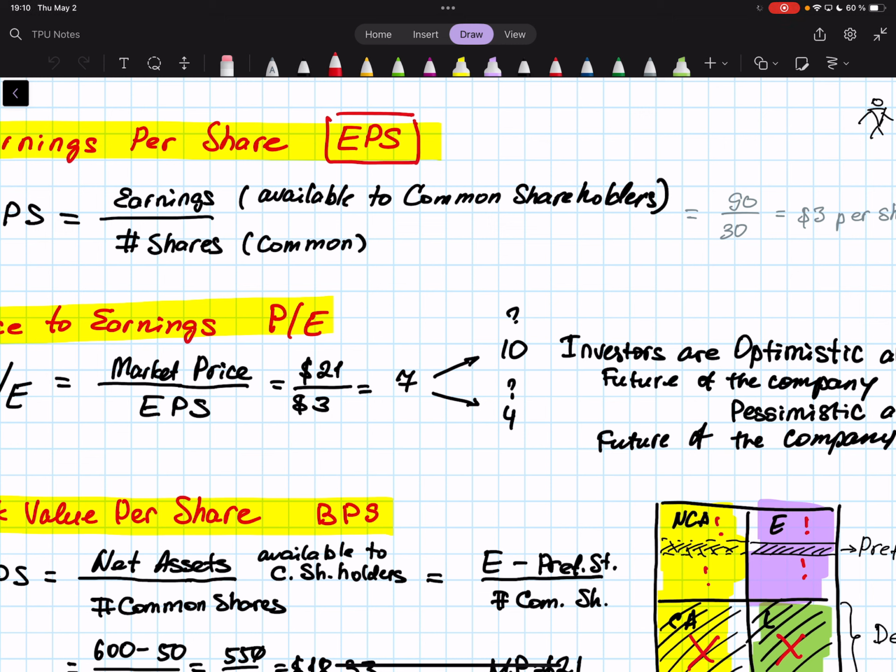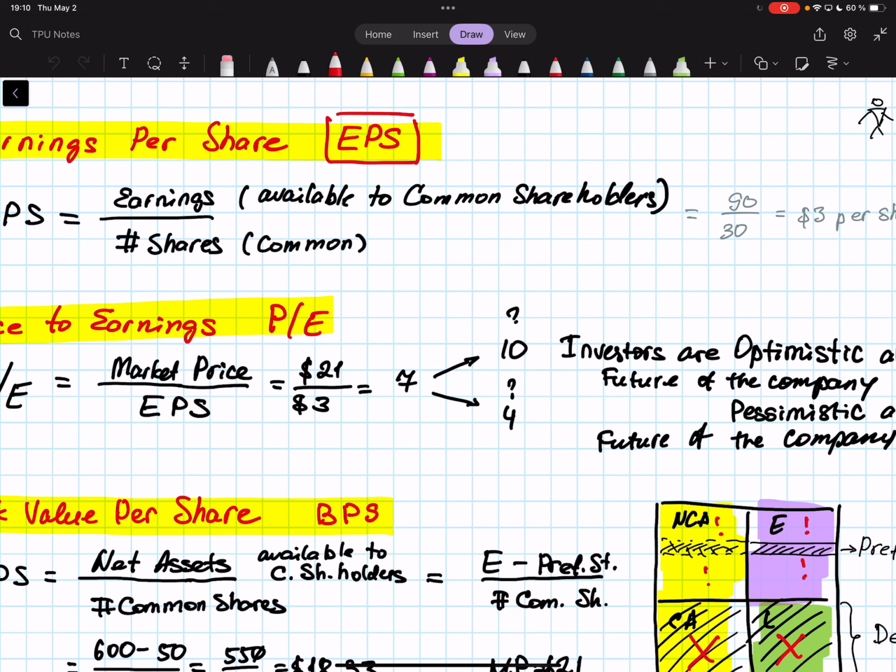So you believe to the point of buying stock even at the high price. And so that means you are optimistic about its future. You think, okay, I'll still buy it for 21, for 22, for $23 because I believe that the price is going to go up more.